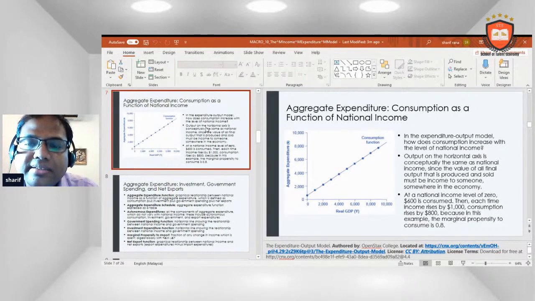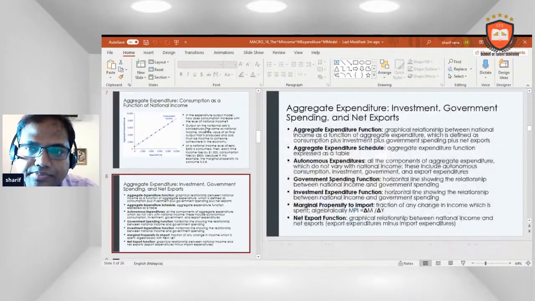At a national income level of zero, $600 is consumed, then each time income rises by $1,000, consumption rises by $800, because in this example the marginal propensity to consume is 0.8.